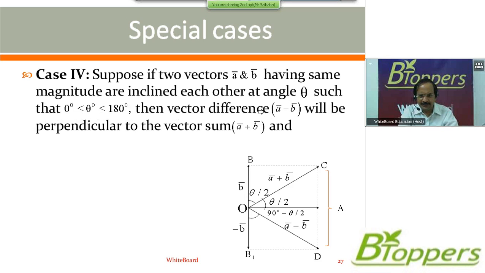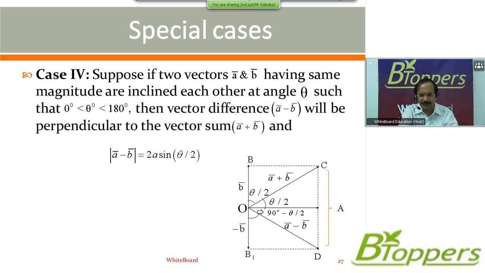The vector difference A bar minus B bar will be perpendicular to the vector sum A bar plus B bar, and the magnitude of the vector difference A bar minus B bar is given by 2A sin theta by 2. I will explain the calculation for this conclusion, which I have directly given in the beginning of case 4.